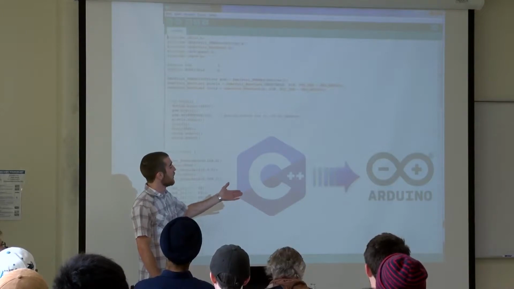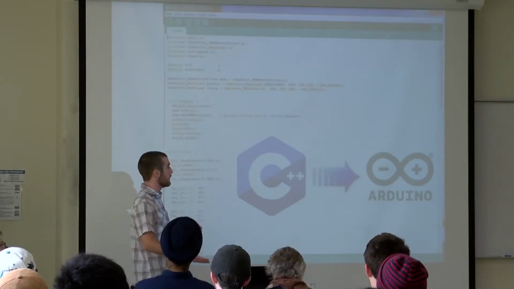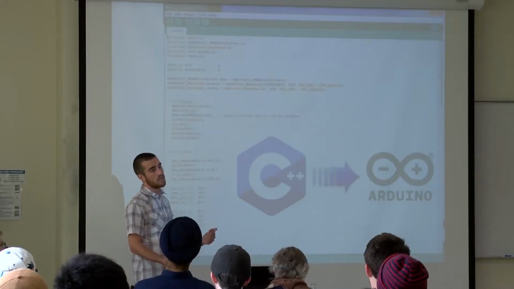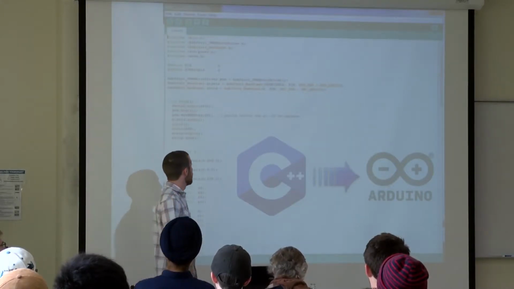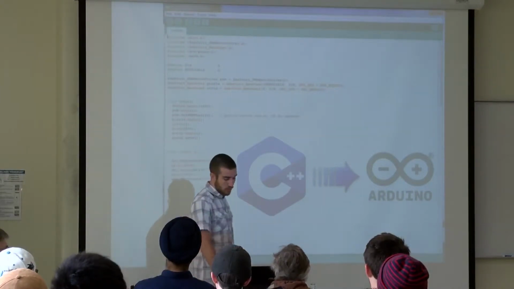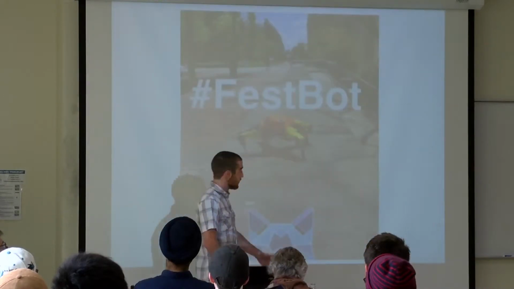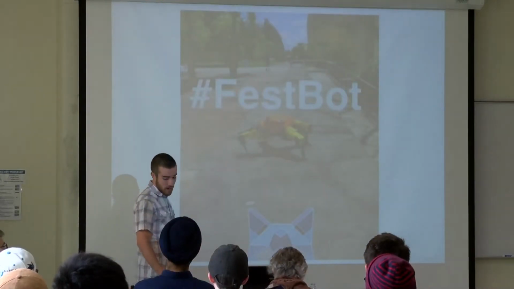Arduino code is essentially C++, just compiled differently, with a different file extension, .ino. So this is some of the code that I worked with. And then the end product is this, the FestBot.